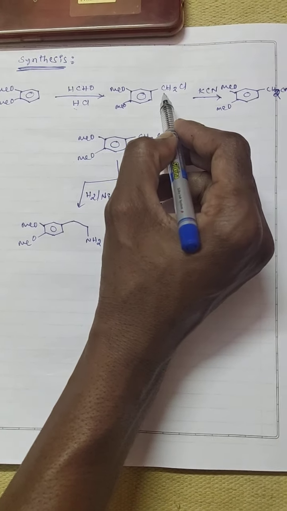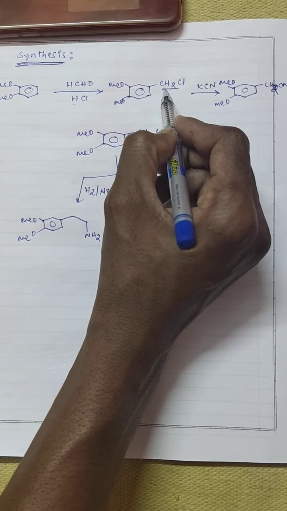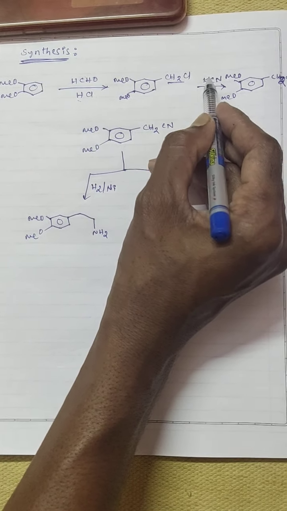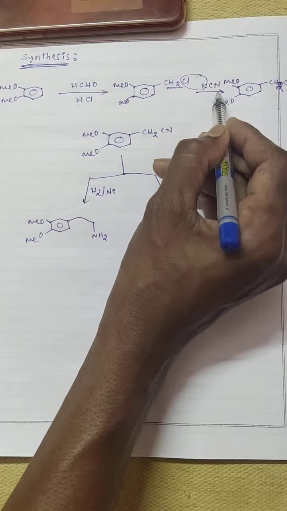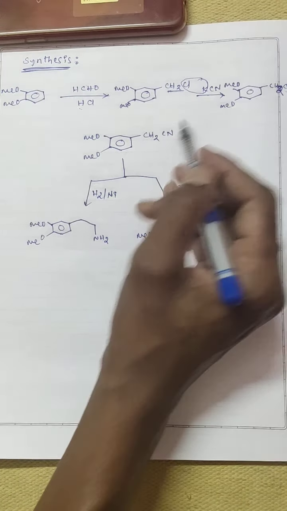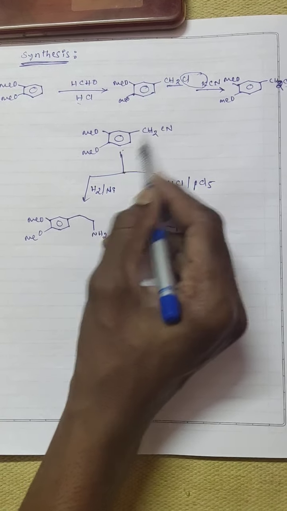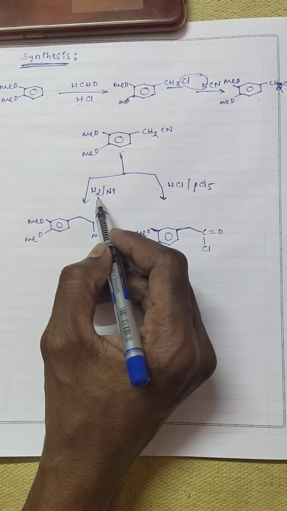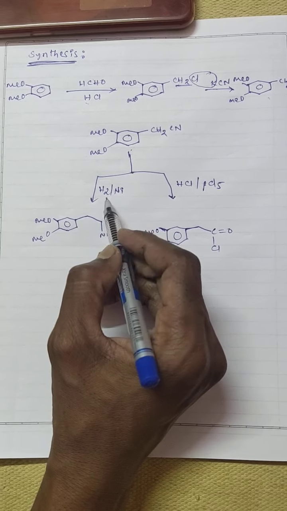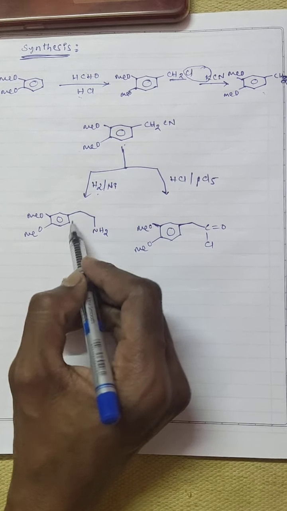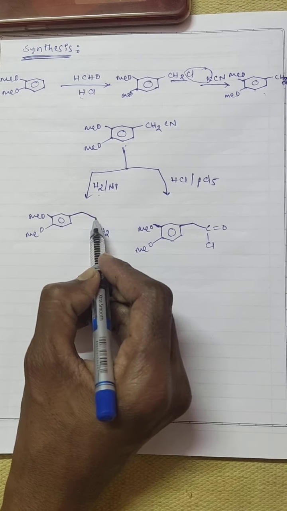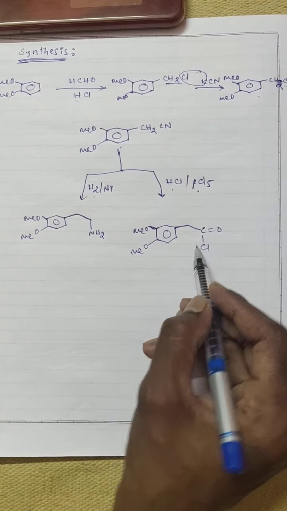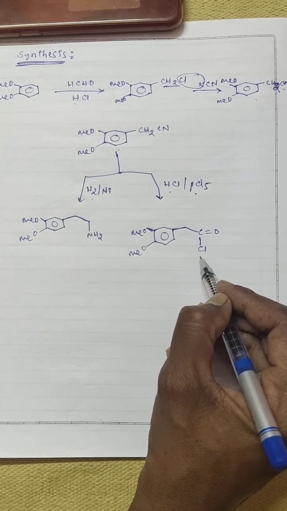This compound, whenever treated with KCN, removal of KCl takes place and forms CH2CN. Whenever this compound is reduced, it forms this compound, and when treated with PCl5 it forms the acid chloride, C double bond O Cl.